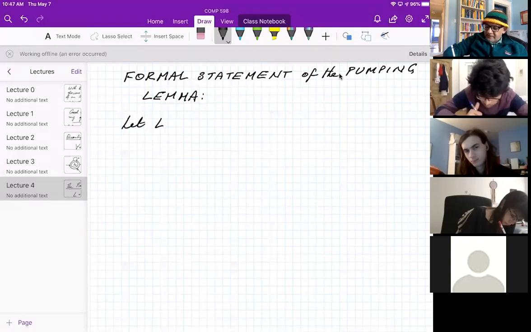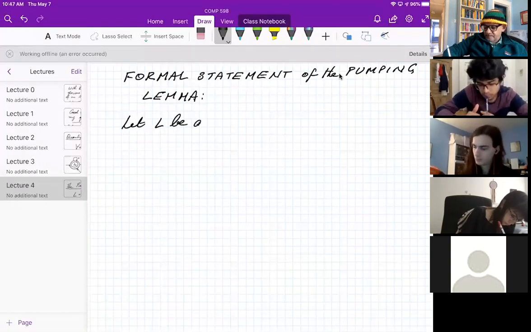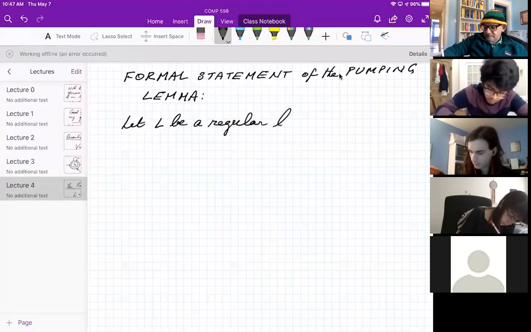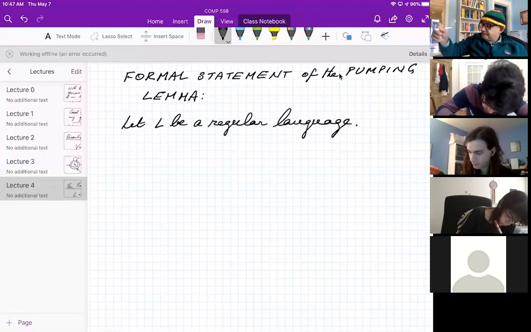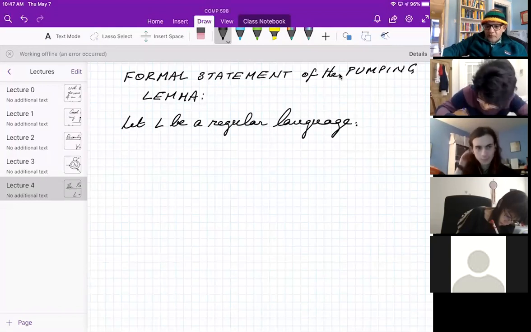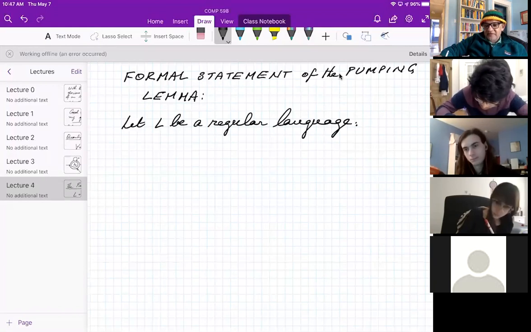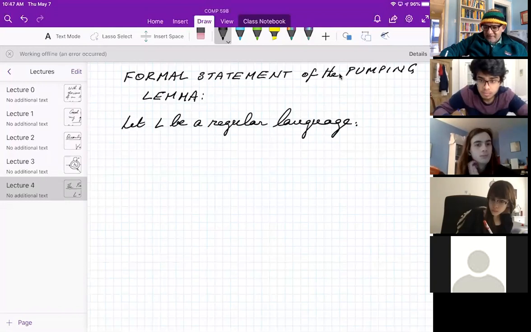Let L be a regular language. I warn you right off the bat, this statement is going to have several quantifiers. So it will require some subtlety and some concentration to understand the statement.